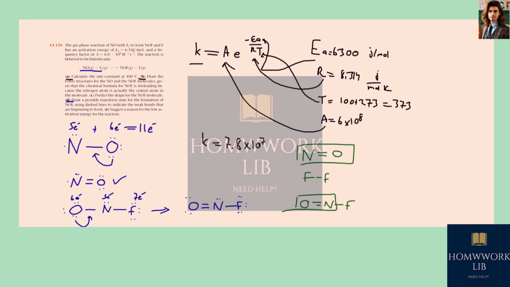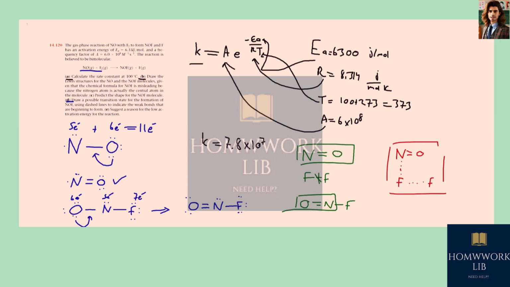What changes is we don't have a fluorine-fluorine bond anymore, and we have a single bond between N and F. So what we can do is N double bond O dash F dash F. So this bond is going to be formed and this one is going to be broken. So this is a good transition state.